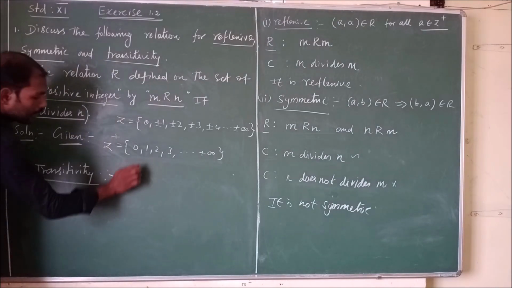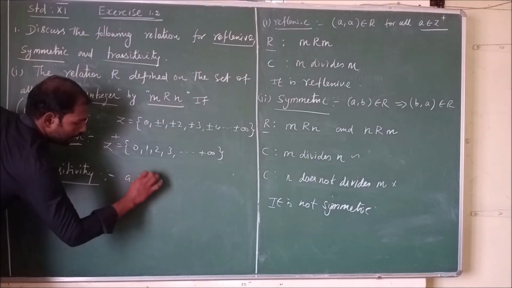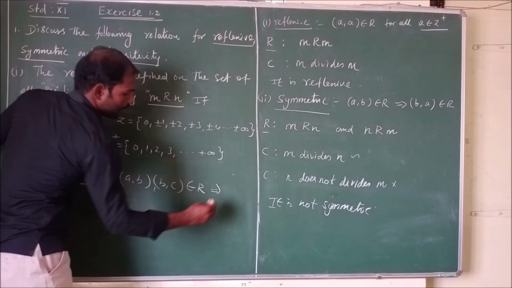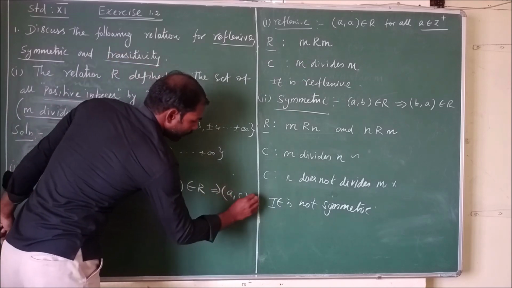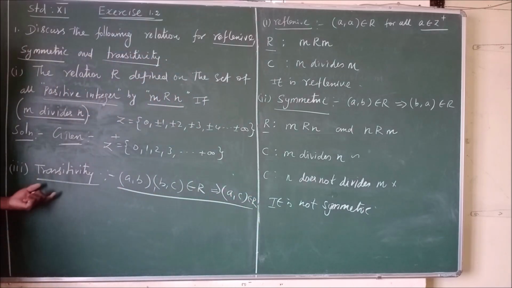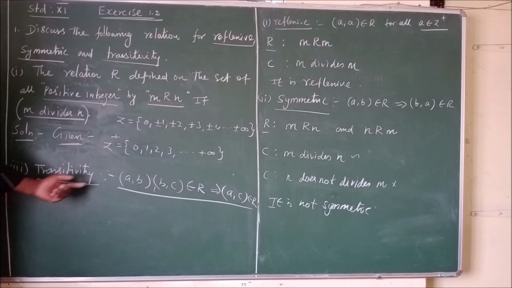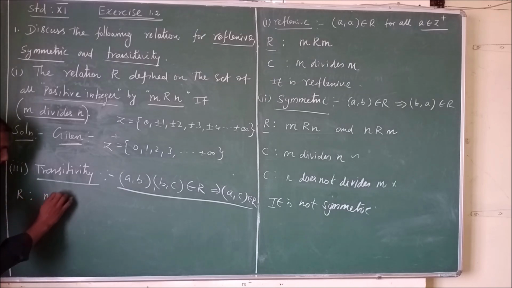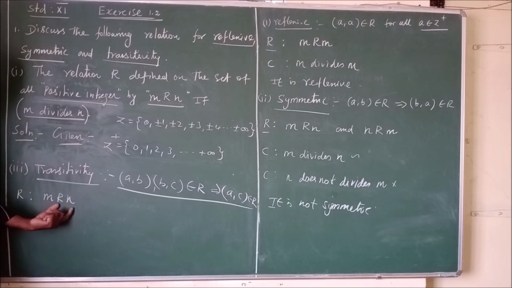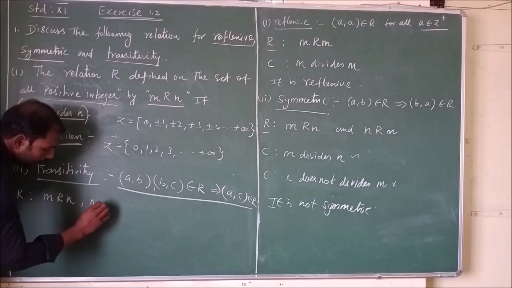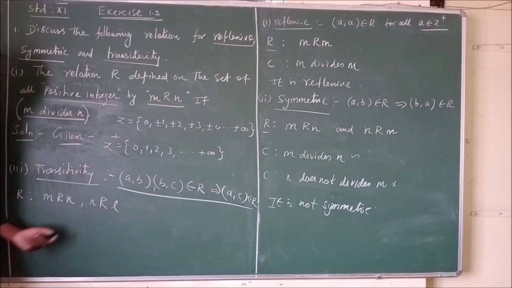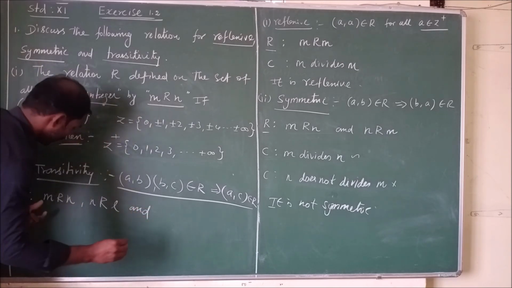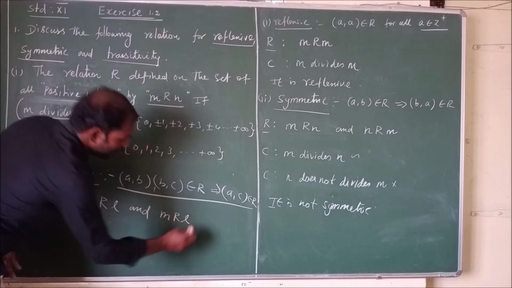Transitivity means that for any three numbers, (a, b) and (b, c) belong to R, which implies (a, c) belongs to R. This is the basic definition of transitivity. Take any three numbers from Z plus. The relation is m related to n, n related to l, which implies m related to l.